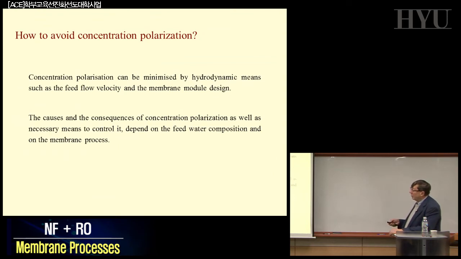The way to control the phenomenon, by the way, is what I already mentioned. We have to use basically hydrodynamics. There is nothing to do with the membrane properties or the membrane material. You have to introduce some other way of control, changing the feed flow velocity or the module design. Today there are a lot of things that can be done. You can vibrate the membrane, for example. You can have on the membrane surface some kind of moving molecules having the function of a local turbulence promoter.